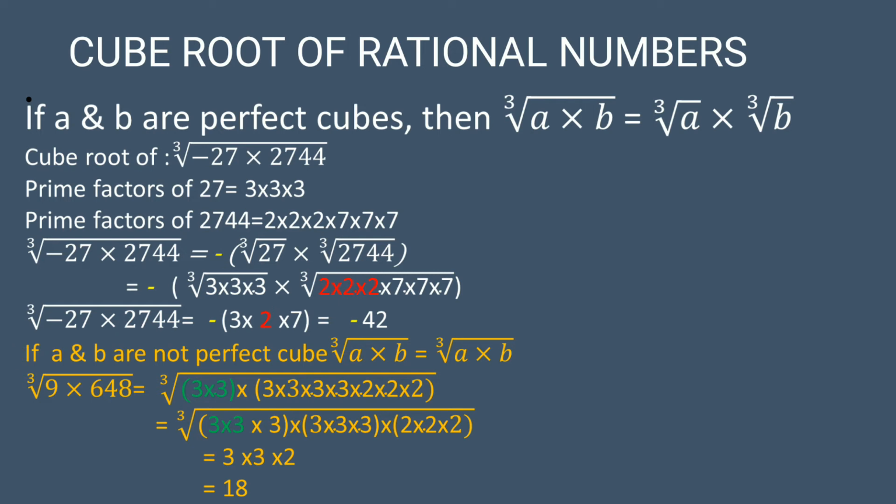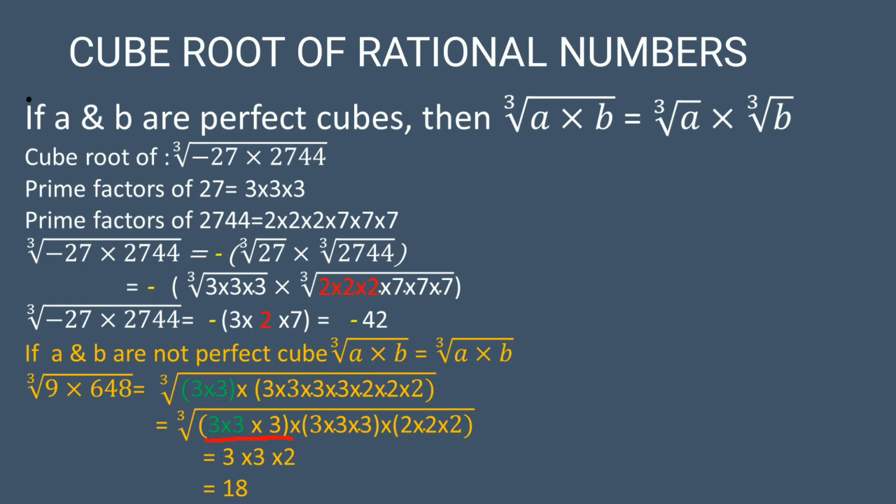Like here, make the factors of 9 and then the factors of 648 in this way, and then make groups of triplets by taking 3 into 3 from the first bracket and 3 from the second bracket to make a triplet.